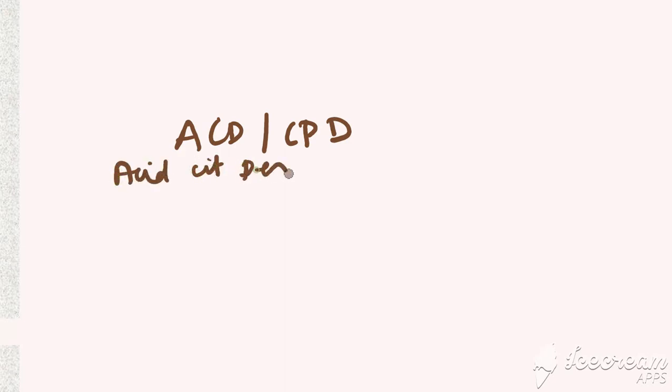So you have various anticoagulants used for storing whole blood or packed red cells. You have different anticoagulants. One is ACD or CPD, that is acid citrate dextrose or citrate phosphate dextrose.